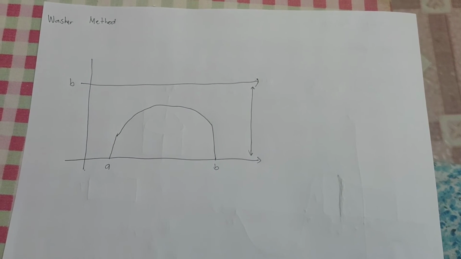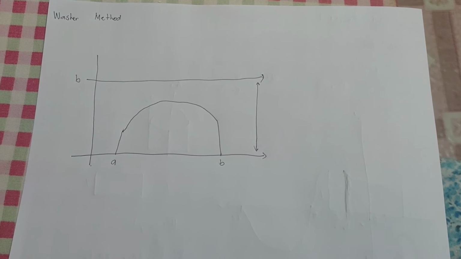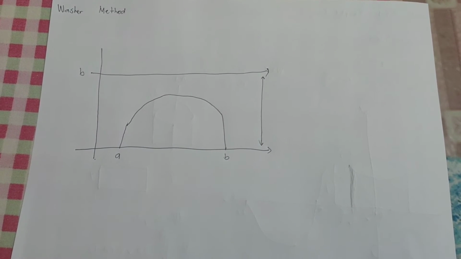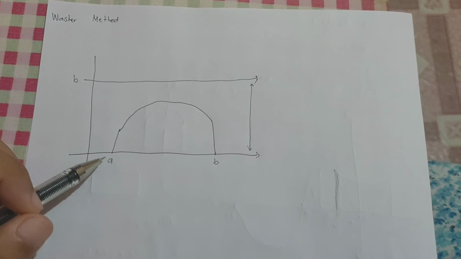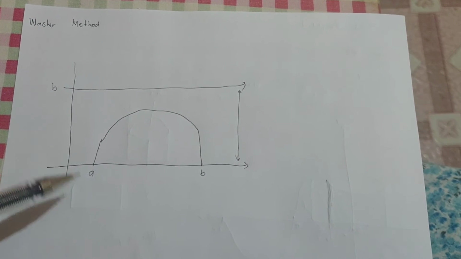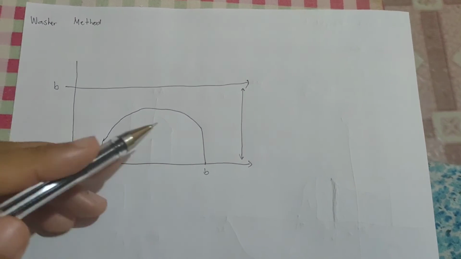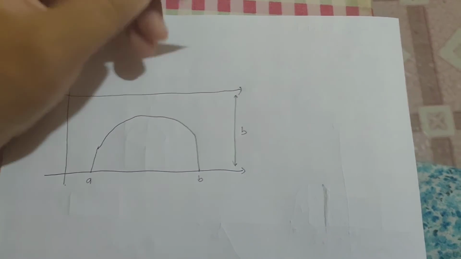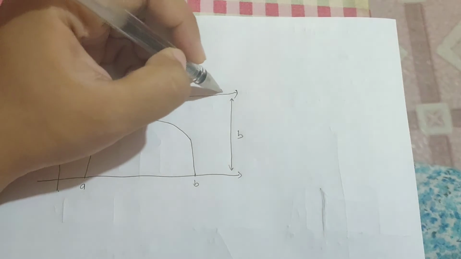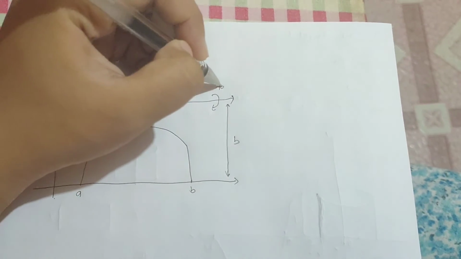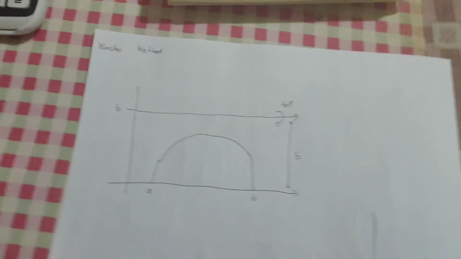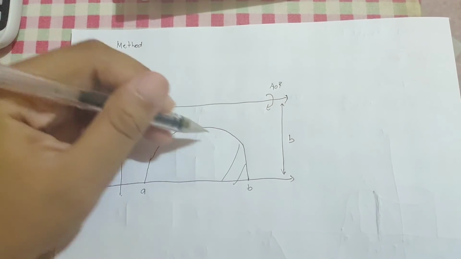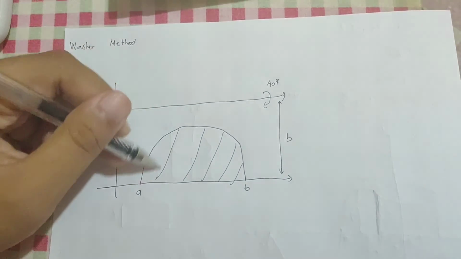Our last topic in getting the volume is the washer method. This will be our a and b, this will be our limit. This will be our b, and our area of rotation is here. Stay with it, AOR. And then in this part, this will be our area of interest.